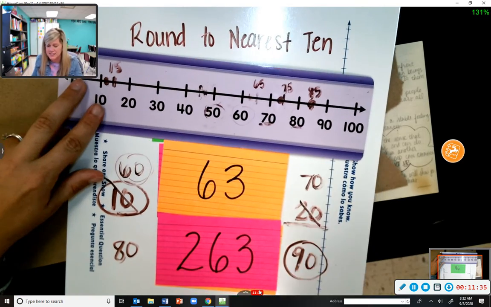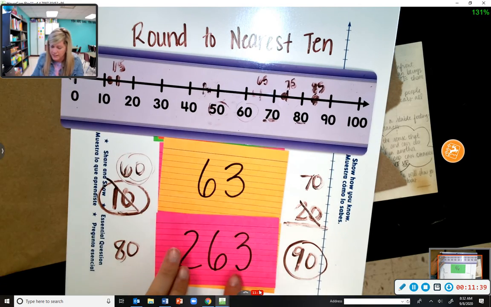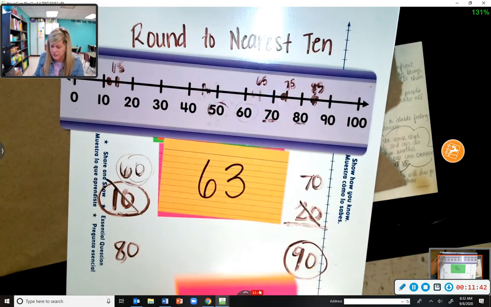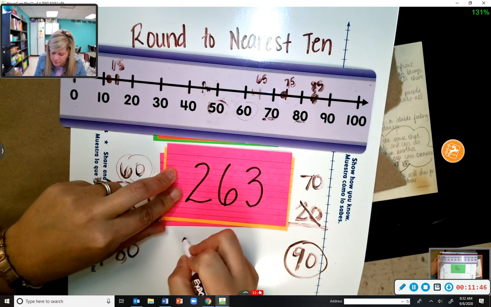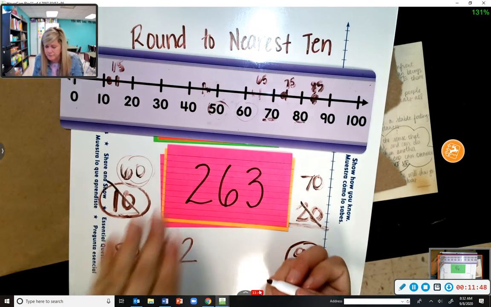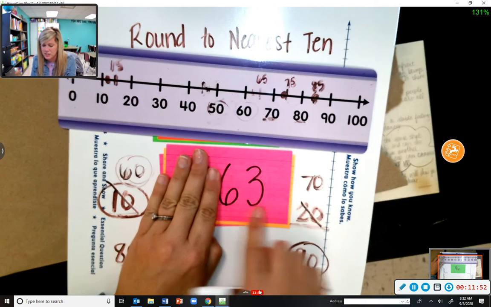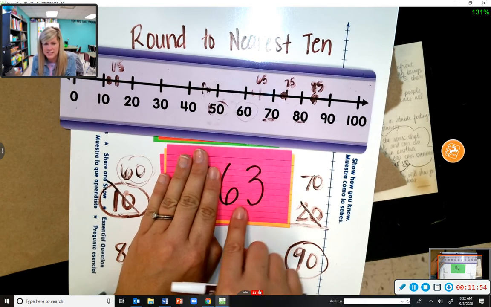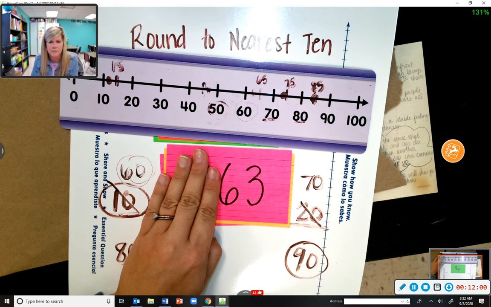We said that 63 rounds to 60. So if I take 263, all I do is keep that 2 in front. I can even cover this up and say, okay, 63. What two tens does it come in between? Well, it comes in between 60 and 70. We've already done that.